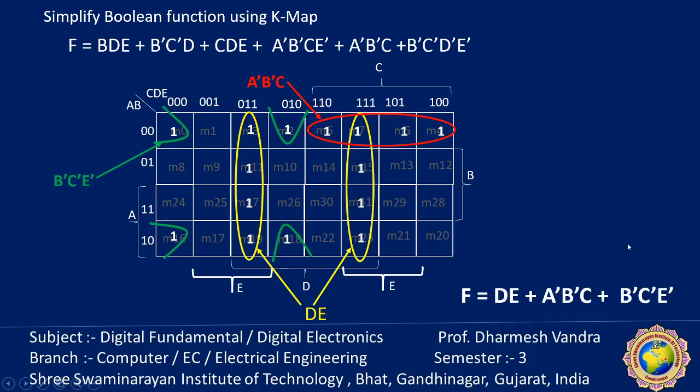So finally we obtain the result: f equal to DE plus A dash B dash C plus B dash C dash E dash. So only a few elements can satisfy the given Boolean function.